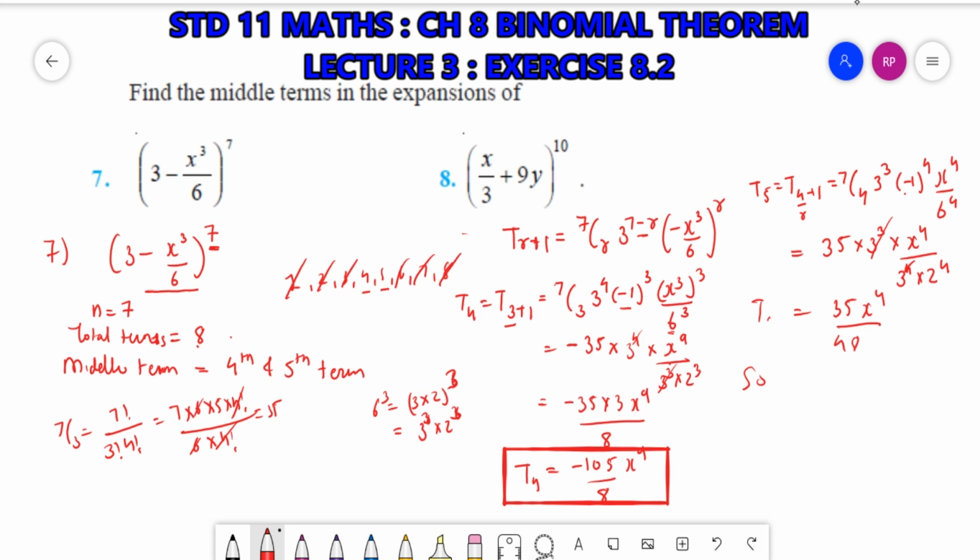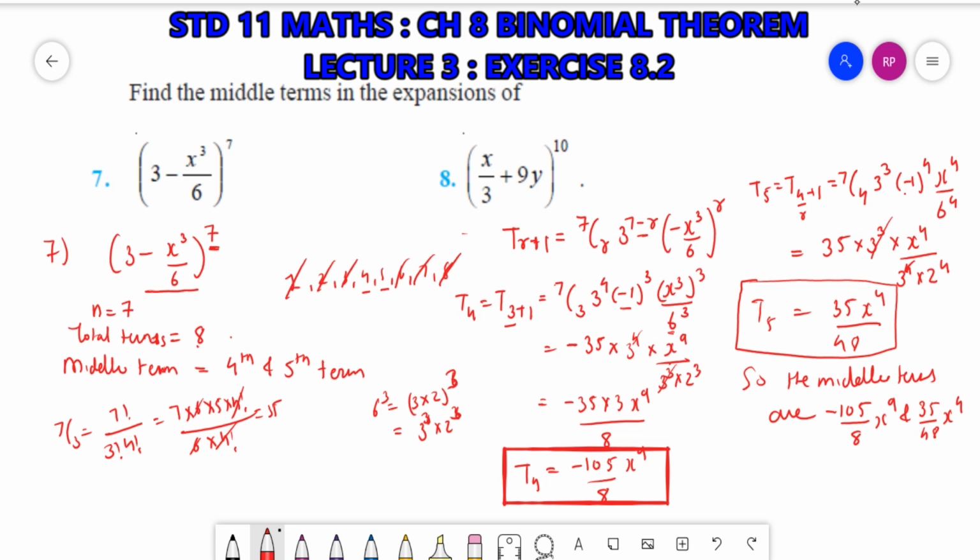So this is the fifth term, which is also one of the middle terms. So the middle terms are minus 105 by 8 x raised to 9 and 35 by 48 into x raised to 4. So this was about question number 7.